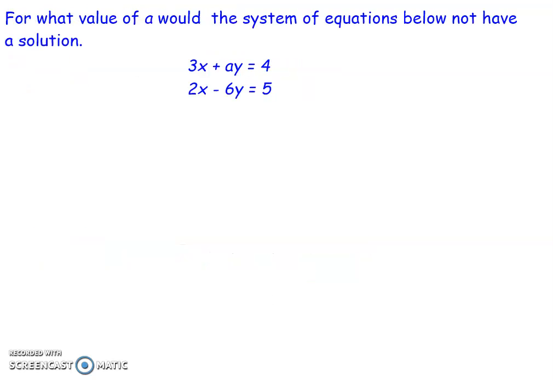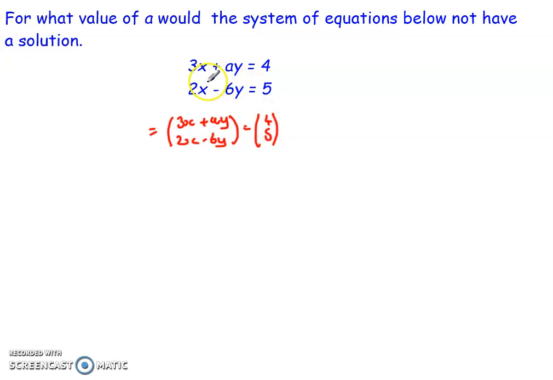Second question was, for what value of a would the system of equations below not have a solution? So the first thing we have to do is represent this system of equations in terms of matrices. So I rewrite it as 3x plus ay, and then 2x minus 6y equals 4, 5.